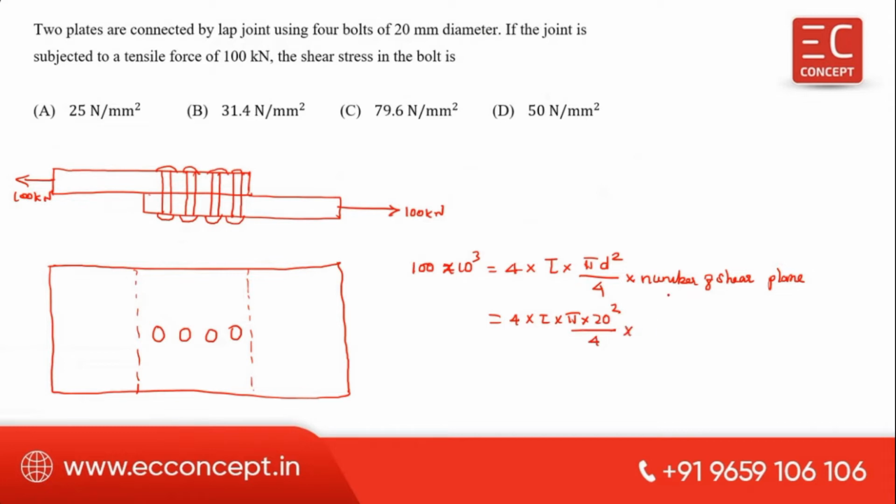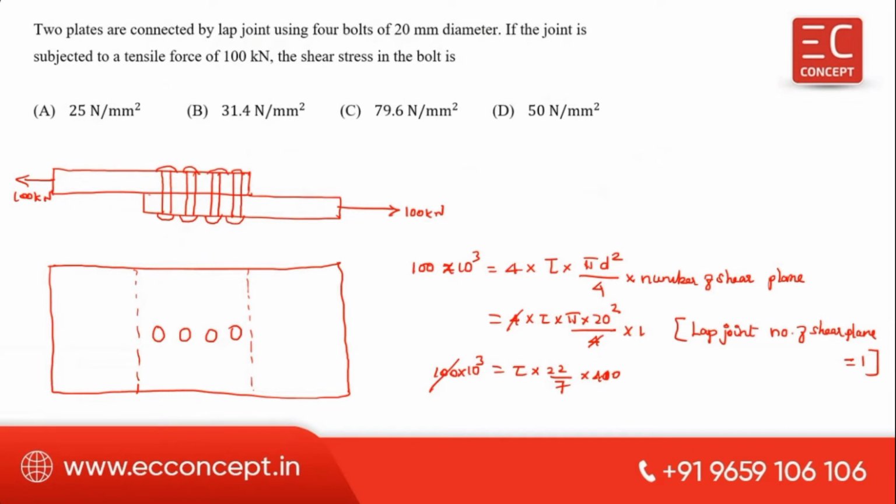So for a lap joint, the number of shear planes is only one. Okay, one. For a lap joint, the number of shear planes is equal to 1. Understood? So you can cancel these two. So the answer for this question is tau into 22 divided by 7 into 400 into 10 raised to 3.